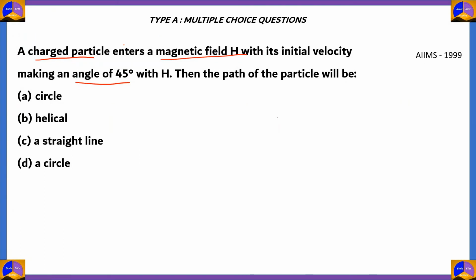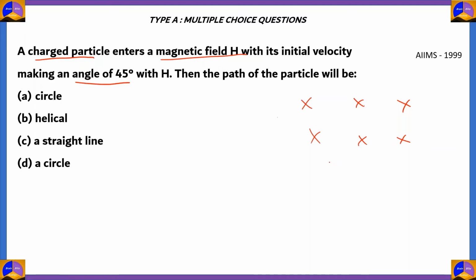So, second question. A charged particle enters a magnetic field H, with its initial velocity making an angle of 45 degrees with H. Then the path of the particle will be circle, helical, straight line, circle. So let's put in the magnetic field, and in order to make our job easier, we will put this magnetic field as into the plane of the paper.